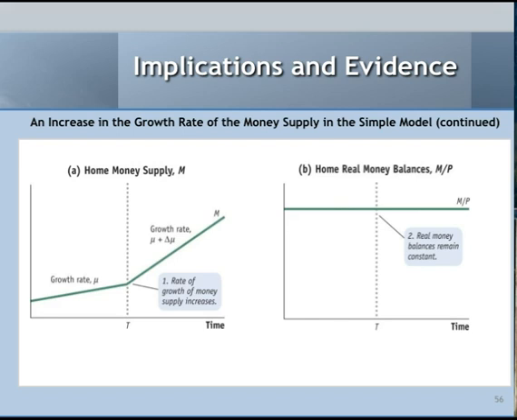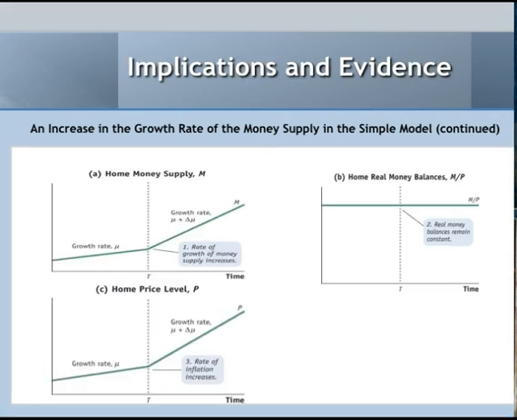It's constant real money balances, which is M over P, because we're assuming that real income, which M over P is equal to, is constant. So if Y is constant, M over P must be constant. So even at time t, when the money supply begins to change, we would expect that real money balances remain constant.